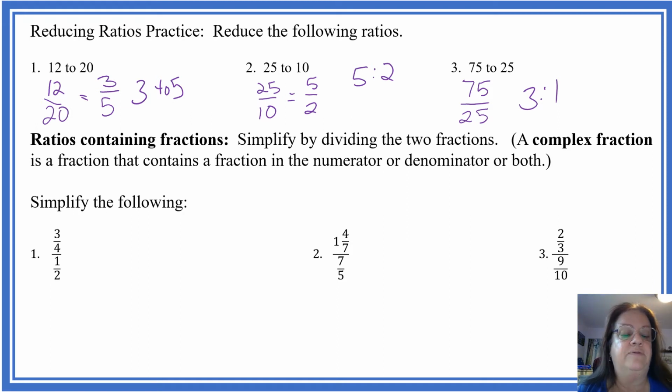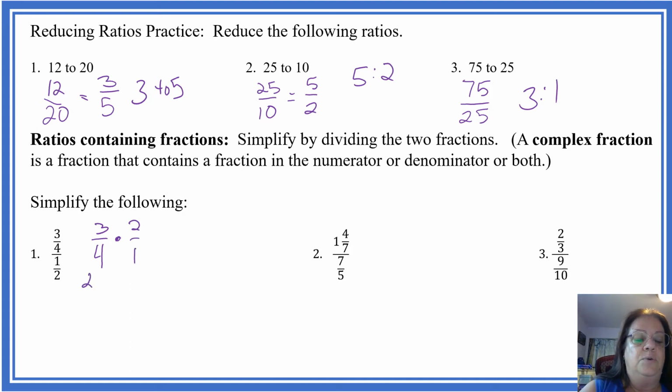Now when you have fractions, sometimes you have complex fractions that express these ratios. If you're looking at one ratio to another ratio in fraction form, you're going to get a complex fraction, so we have to simplify these. The easiest way to do this, if you remember, is you take your denominator, you flip and multiply. If I have 3/4 divided by 1/2, it's the same thing as saying times 2 over 1. Now the 4 is 2 times 2, so that gives me a 3 over 2.